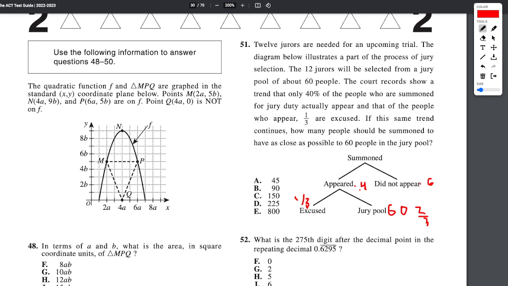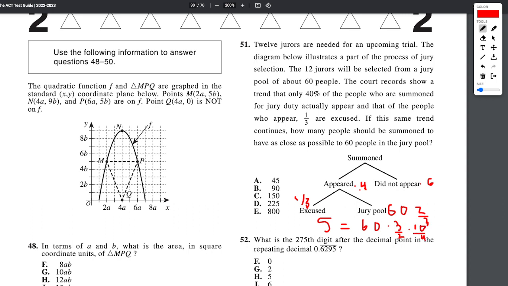The sum in is what it's asking for. This is a bit of backward solving. It will be 60 times... You could either do 60 divided by 2/3 or 60 times 3/2, whatever you want, because you know how we multiplied by 2/3 to get here, we're going to do the opposite. And then again, you could either divide by 0.4 or multiply by 10/4.